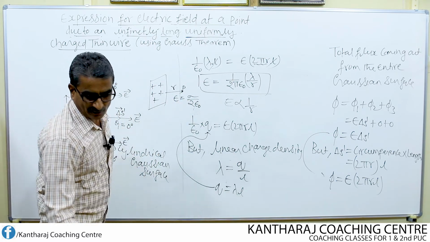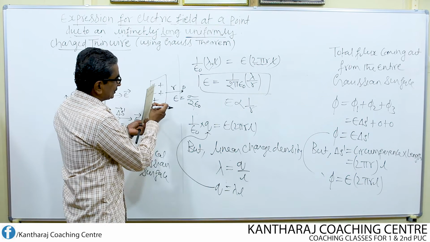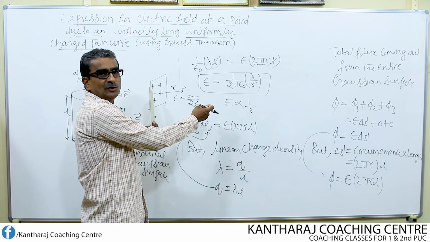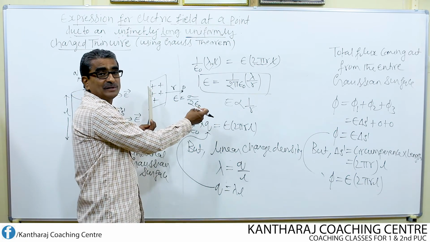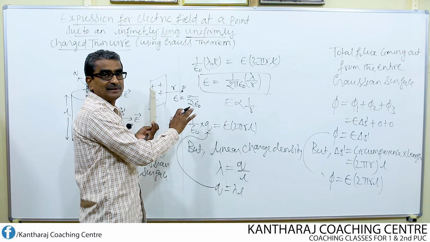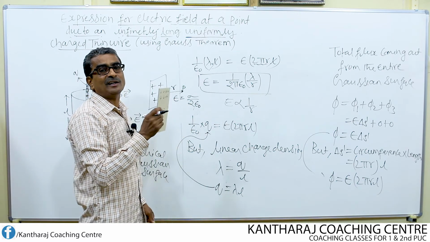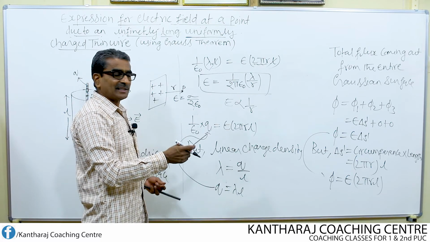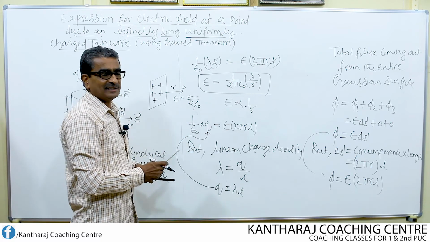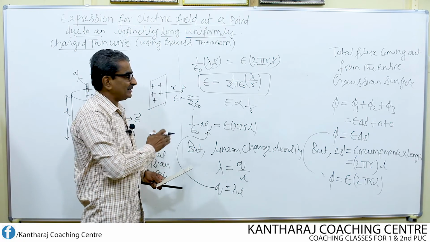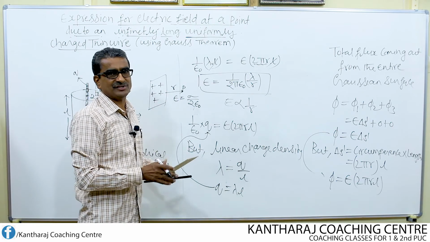So in the case of a charged sheet, the electric field remains the same and does not decrease, provided the sheet is considered as infinitely large. Otherwise, as I said earlier, the situation is going to differ and the field may change.